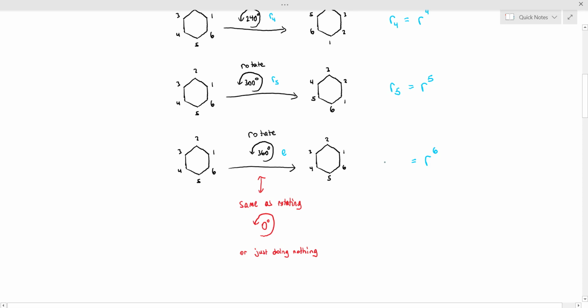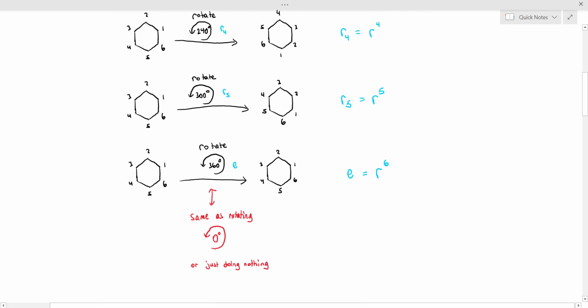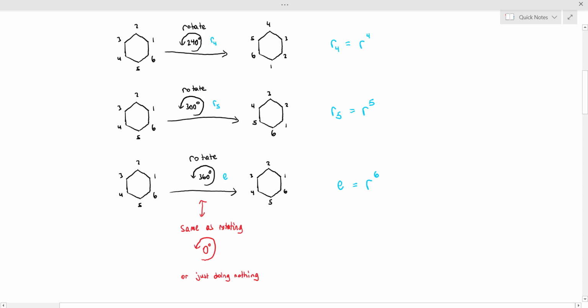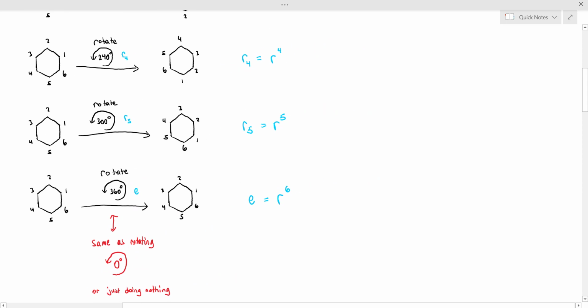I'm denoting this symmetry of doing nothing as E. So this E, just doing nothing, represents an identity element. For instance, if I do nothing and then rotate by 60 degrees counterclockwise, that's the same as just rotating 60 degrees counterclockwise.